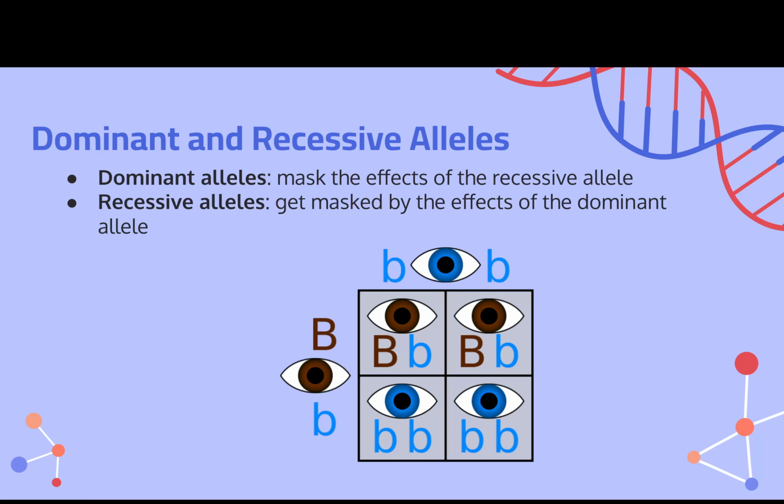Now, the capital letter being the dominant means that brown is the dominant allele, and blue eyes is the recessive allele, which means that, I mean, the cross is different, but regardless, there would be a 50% chance of having a child with brown eyes because the brown dominant allele will mask the blue allele, even if the blue allele is there.